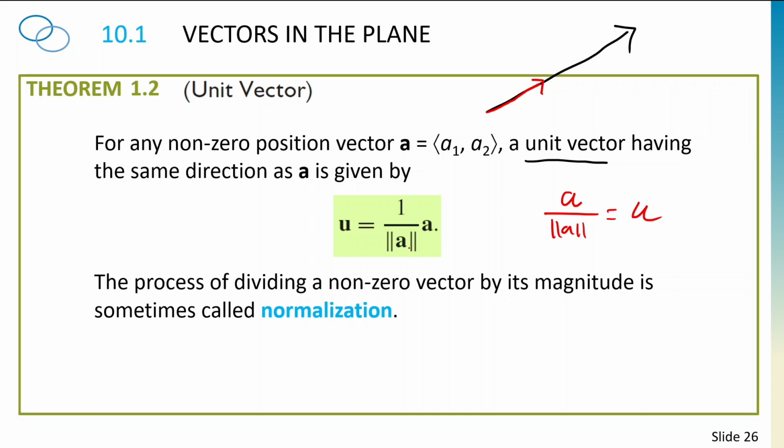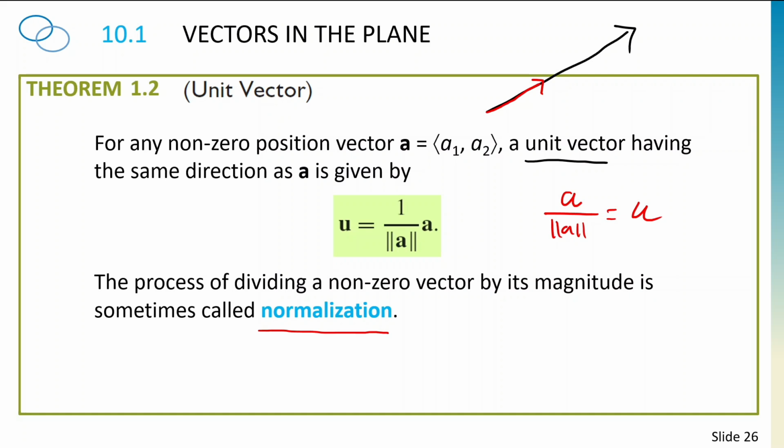A unit vector. This process, we call it normalization for the vector. If we're doing normalization for the vector, we mean we make its length 1. So we divide the vector by its magnitude. This process, we call it normalization.